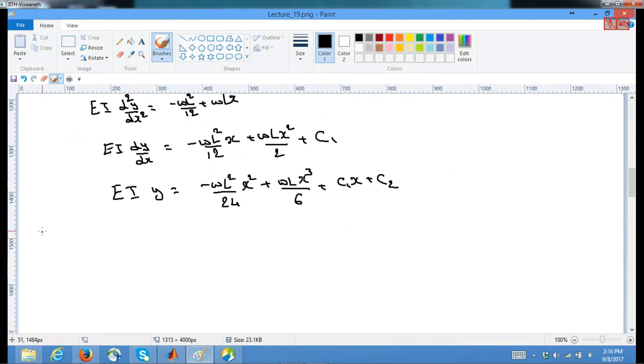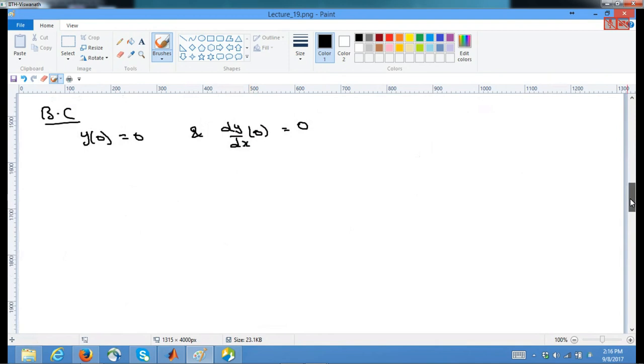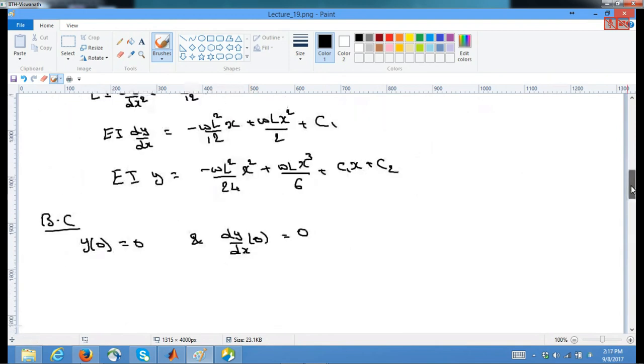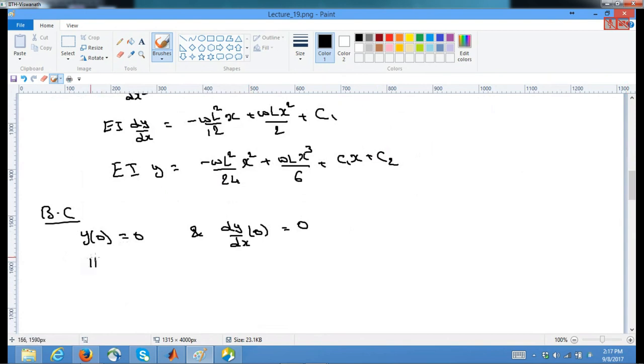But we have the boundary conditions for the current problem as y of 0 equals 0 and dy by dx of 0 also equals 0, because on the left-hand side, since this is a fixed support, the displacement and the slope are 0. Substituting these two conditions, we can clearly show that C2 equals 0. Next, if we substitute, it will clearly give that C1 equals 0.